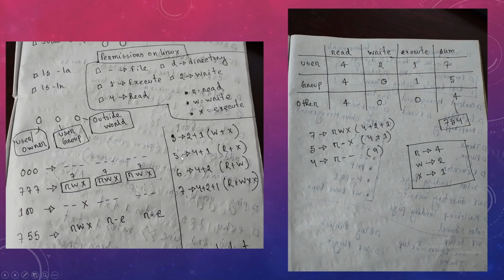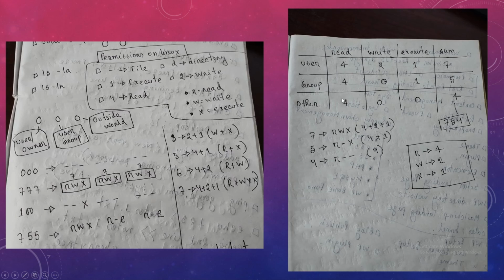So in the notes we can see that 777 means anyone can read, write and also execute. We need to understand here that read has the value of 4, write has the value of 2 and execute has the value of 1.